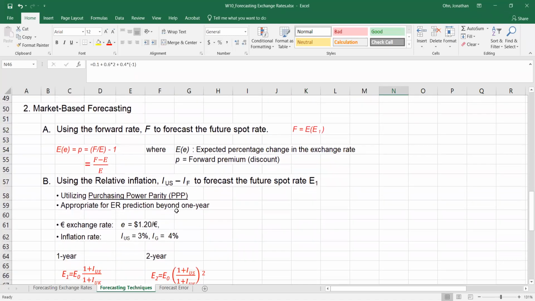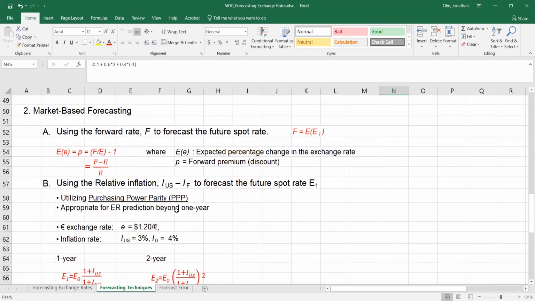Now, the second group of forecasting is called market-based forecasting. This one uses all the different market equilibrium conditions we talked about before. The first one is the forward rate to forecast the future spot rate. Do you remember that the last parity or equilibrium condition was forward rate as an unbiased estimator of future spot rate, E1?